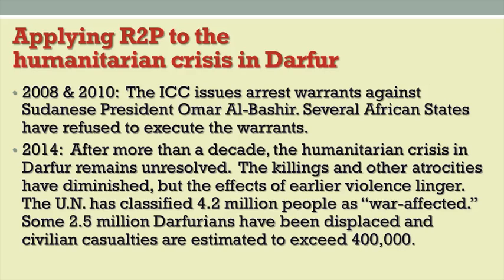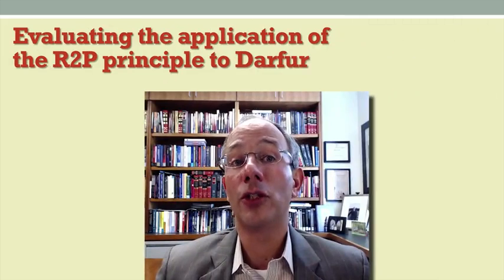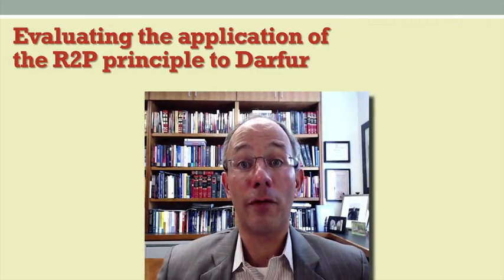So this is, I would say, a very mixed response. That is, there was the deployment of peacekeeping troops. They may not have been adequate to deal with the situation, and there was also an attempt to involve international criminal bodies in prosecutions while the atrocities were still ongoing. That raises the question of how we ought to evaluate the application of the R2P principle in Darfur.